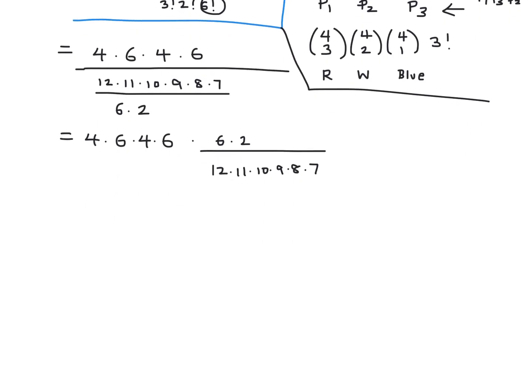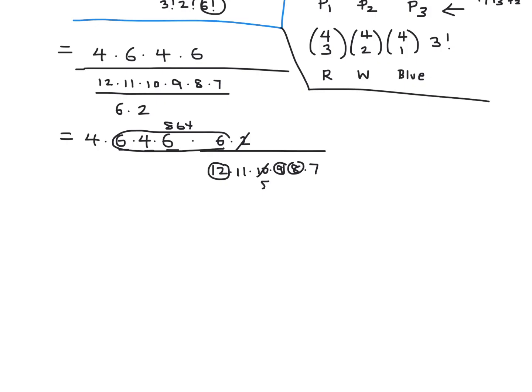Okay, and then now however you want to do this, it's really up to you. For example, let's see here, what can I do? I think that 2 we can cancel with the 10 to give a 5, and then the 6 times 4 times 6 times 6, all this is 864, and so is 12 times 9 times 8. 12 times 9 times 8 is 864.